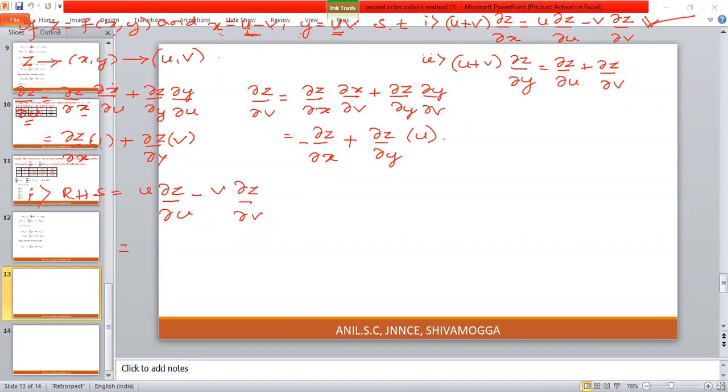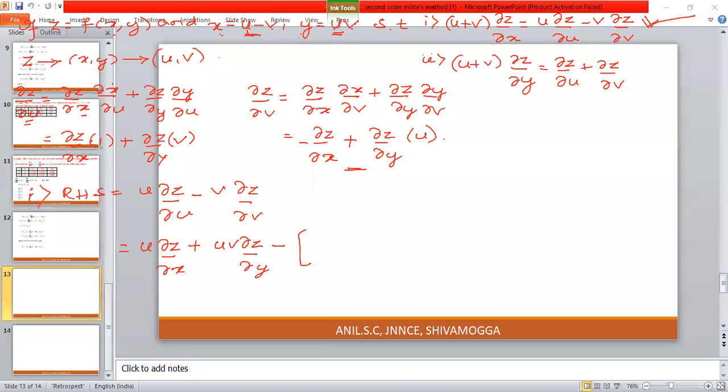Multiply this equation throughout by u. What will be the resultant? U into del z by del x plus u into del z by del y into v, that is uv into del z by del y, minus v into del z by del v.